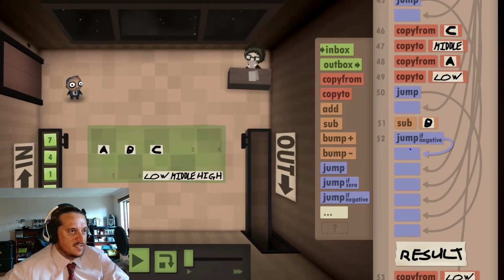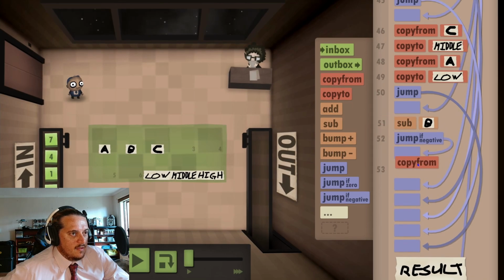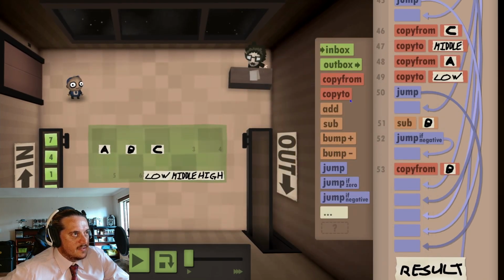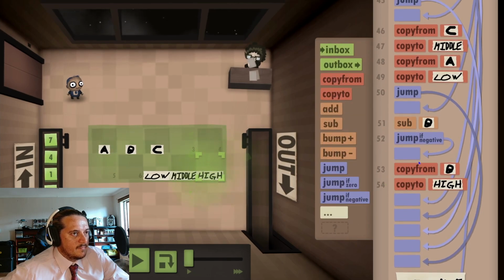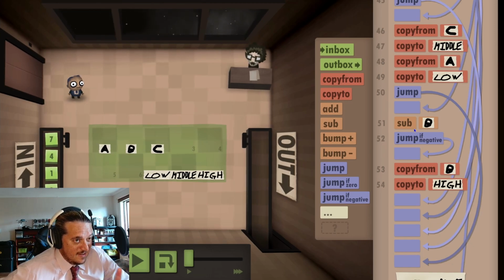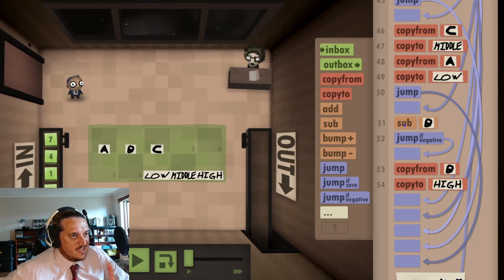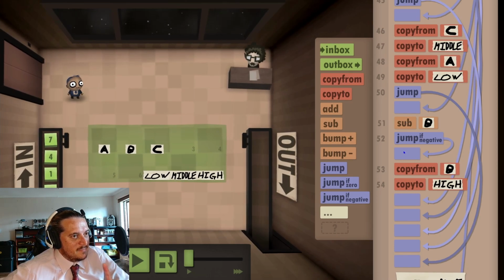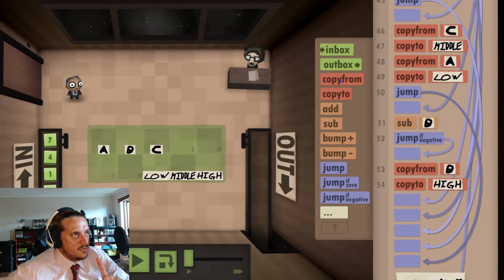So then B is higher. If that's negative, then B is higher. Okay? If that's positive, then it means B is a negative, which means that B is low, so then A is high.